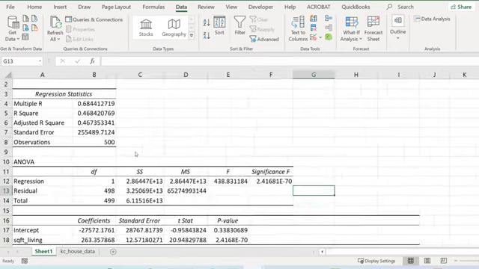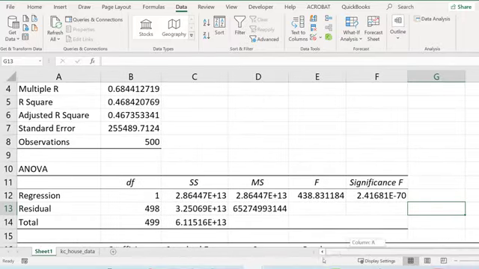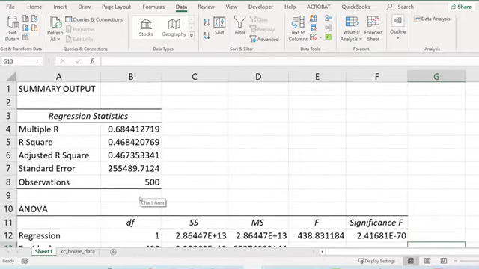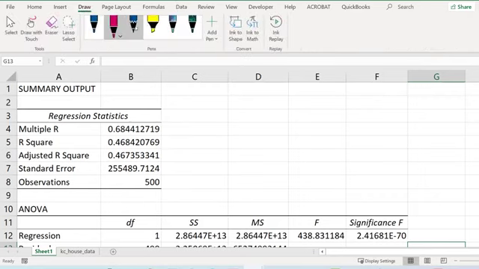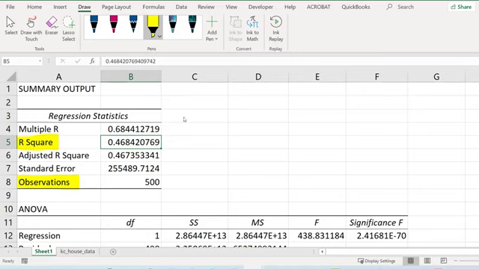All right, so let's zoom in a little bit and walk through these so we can talk about what they are and why we care. The ones that I care about include R squared. I care about observations. The other ones are also important, but I'm not going to worry about them right now. These are the big ones, the ones I'd like you to focus on, and what they mean.